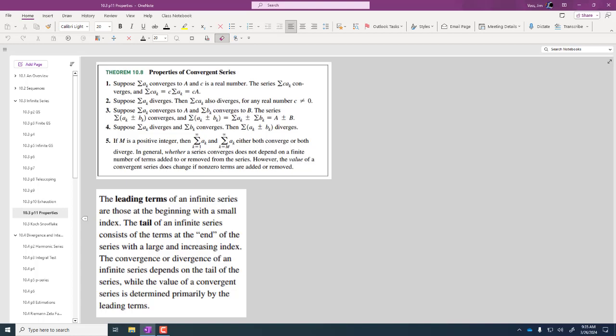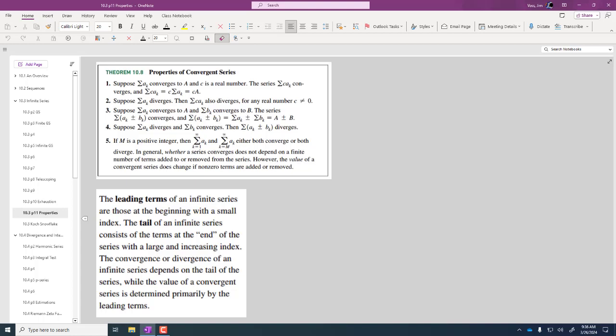If you have one series that diverges and one series that converges, it doesn't matter whether you add them or subtract them, you are going to get divergence. If you have two series and one diverges, that divergent one is going to dominate. You can't take a convergent series and a divergent series and add the terms together and get a convergent situation. And what is a convergent minus a divergent?